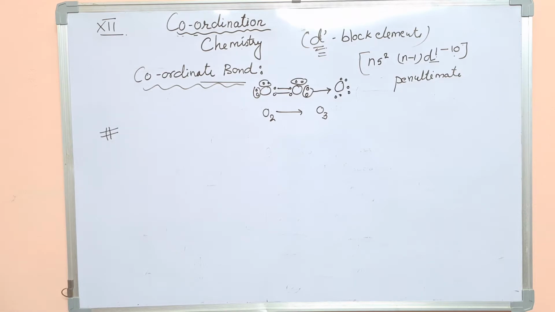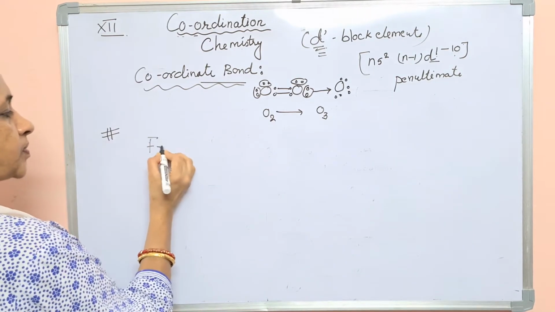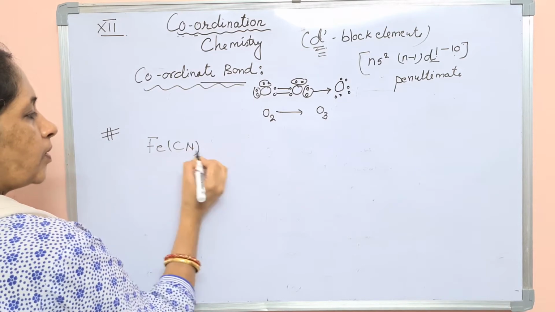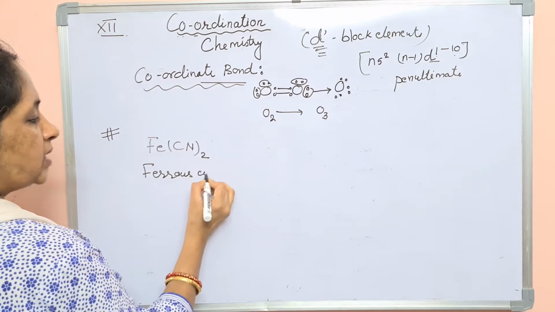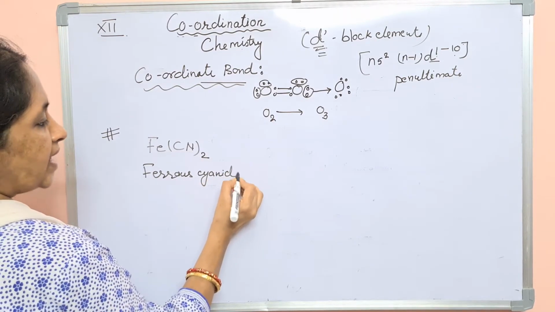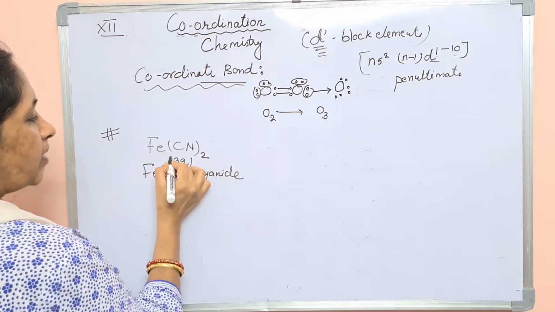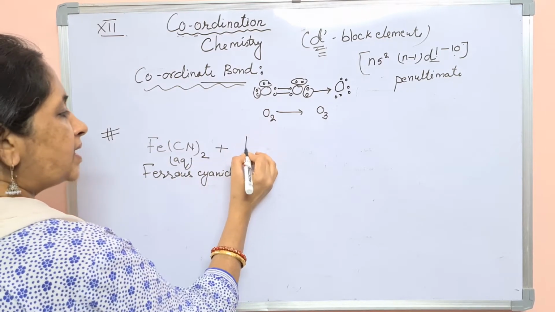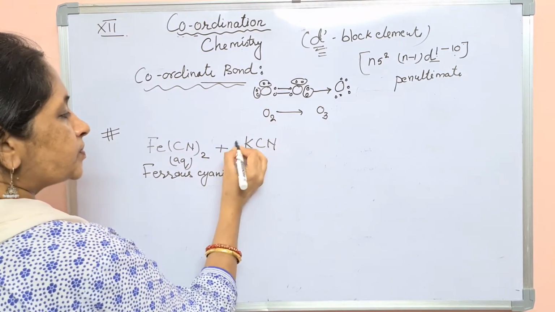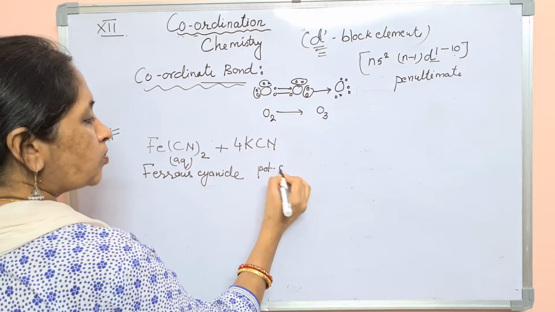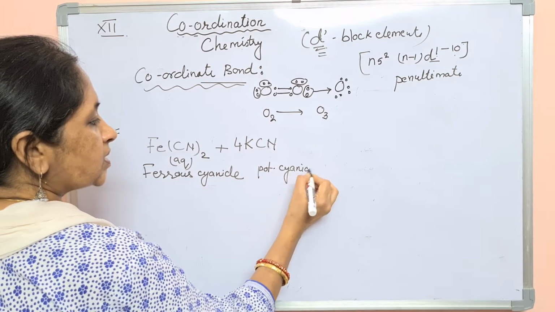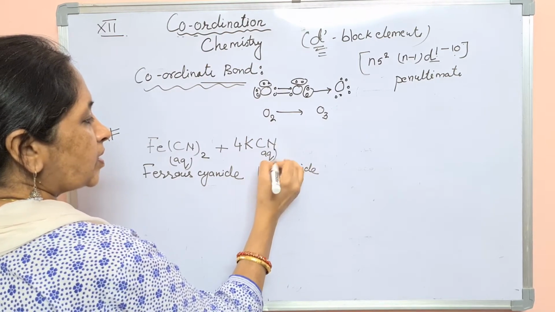Let me write the formula of one coordinate compound. How is it formed? For example, aqueous ferrous cyanide reacts with potassium cyanide. ठीक है?